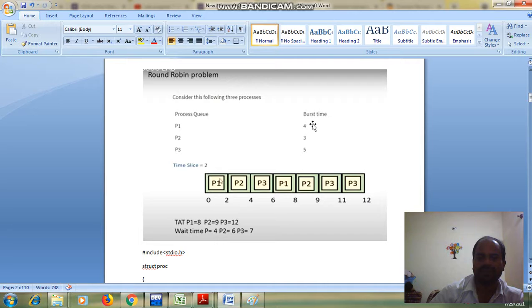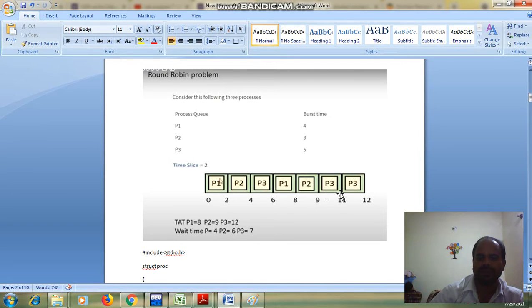Next again P1 will be given 2 seconds. Now P1 is 0, which means P1 has completed its task. P2 can be given 2 seconds, but since its remaining burst time is only 1 second, it will be given only 1 second. So P2 is given only 1 second, from 8 to 9. Next, the remaining burst time for P3 is 3, so 2 seconds only can be given at one time.